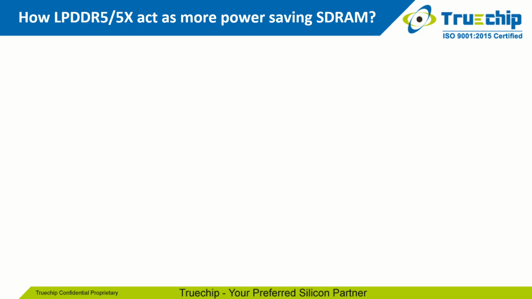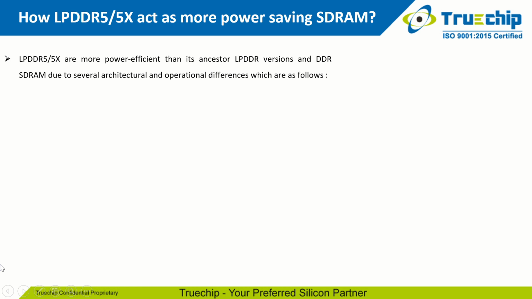Now, generally the main question arises: how does LPDDR5 5X act as more power-saving SDRAM than its ancestors, LPDDR and DDR SDRAMs? Due to several architectural and operational differences, which are as follows.